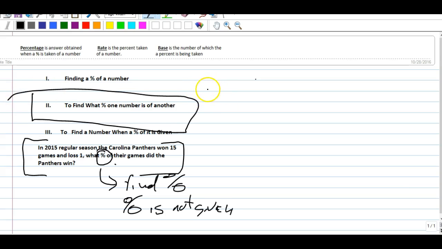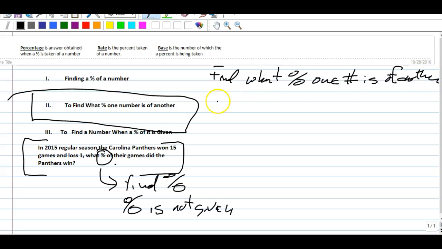We want to find what percent one number is of another. So we want to find or set up a ratio. That's basically what we're doing here.